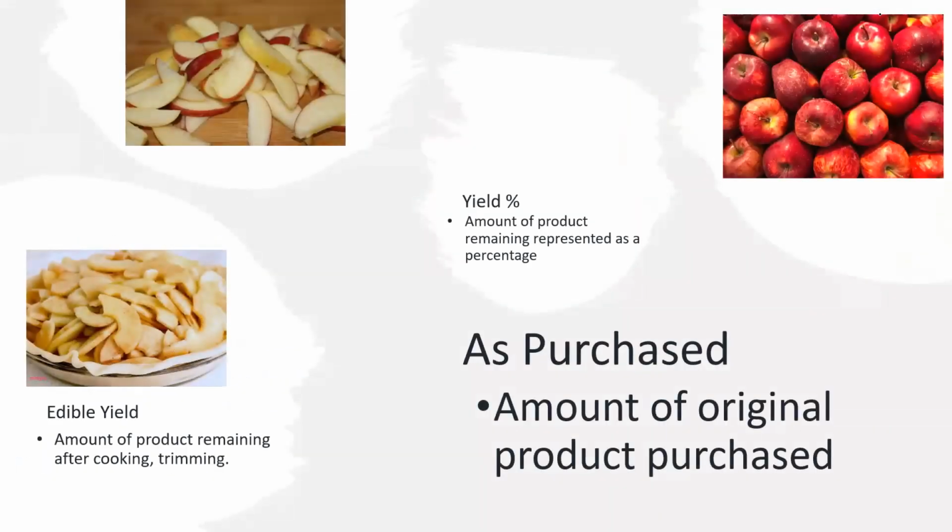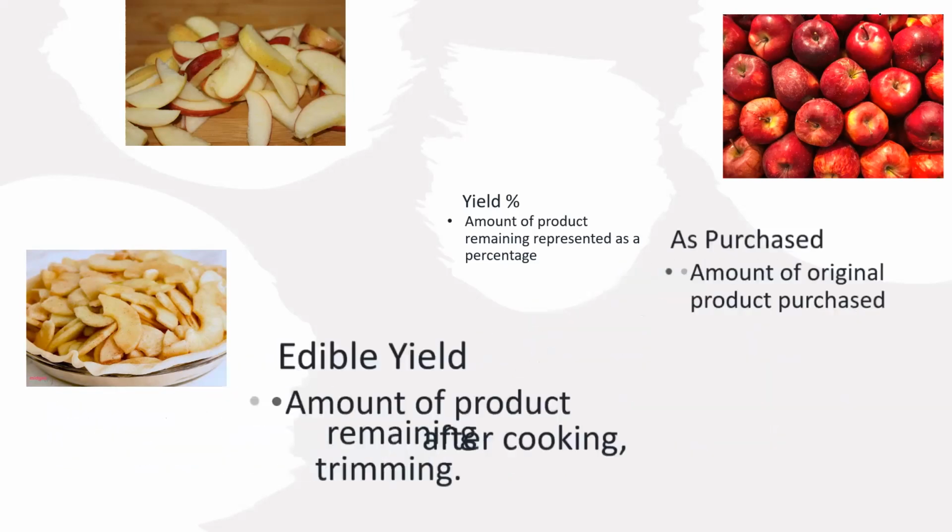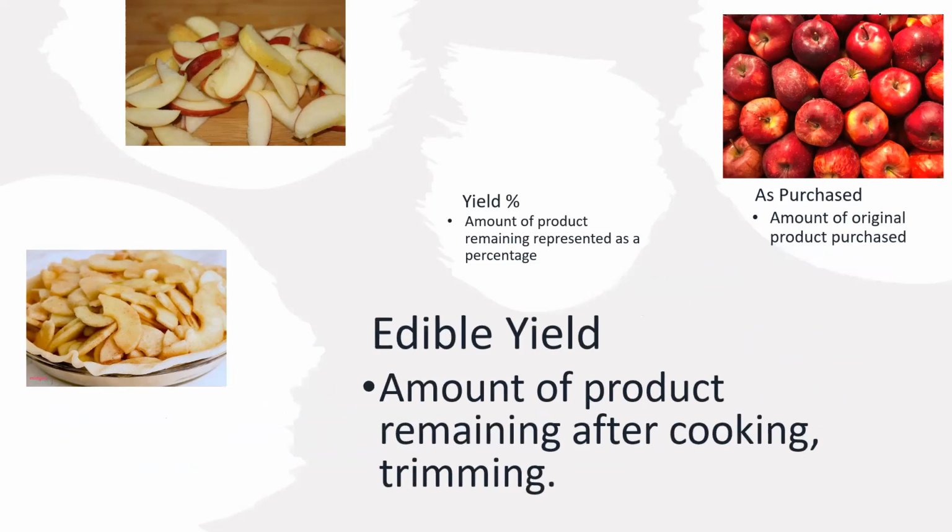So let's talk about three different terms. Our as purchased is the original amount of product that we purchase and is either delivered or brought into our establishment. The edible yield or edible portion is the amount of that product that is remaining after we've cooked it or trimmed it or done any kind of process to it as we are preparing that item.